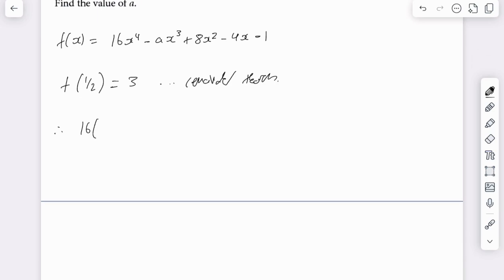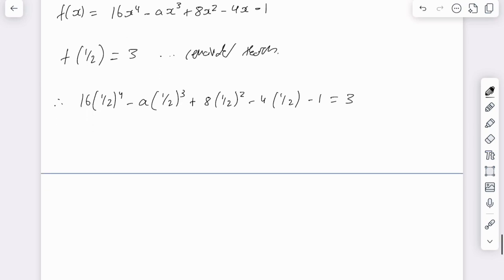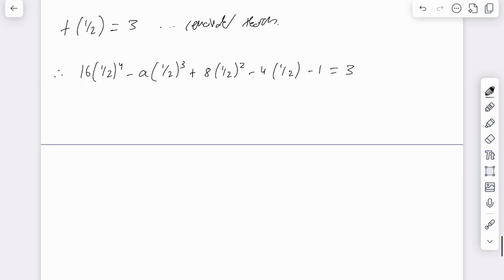Therefore, I can say 16 times a half to the 4 minus a times a half to the 3 equals 3. And if we combine this all together, what we get is minus an eighth a equals 3. Therefore, a is going to equal negative 24.